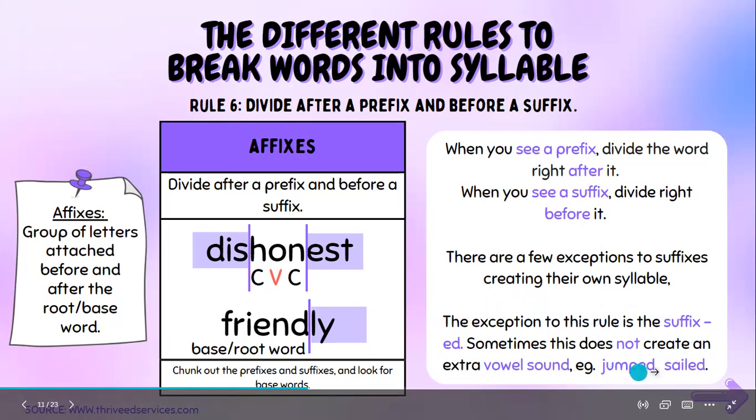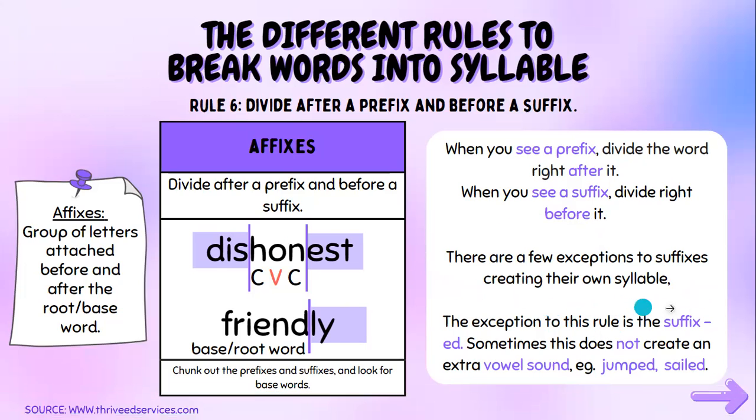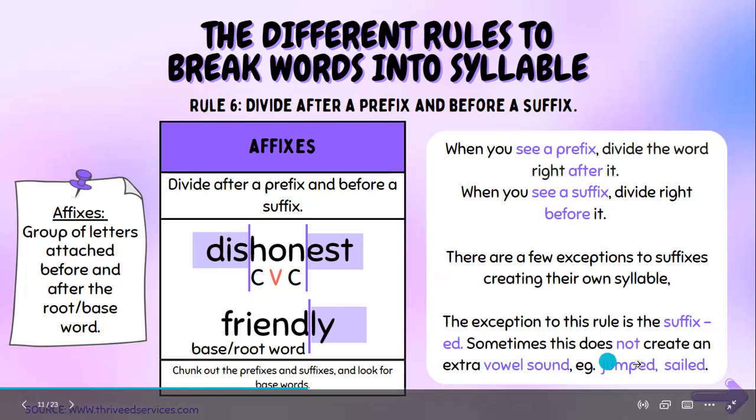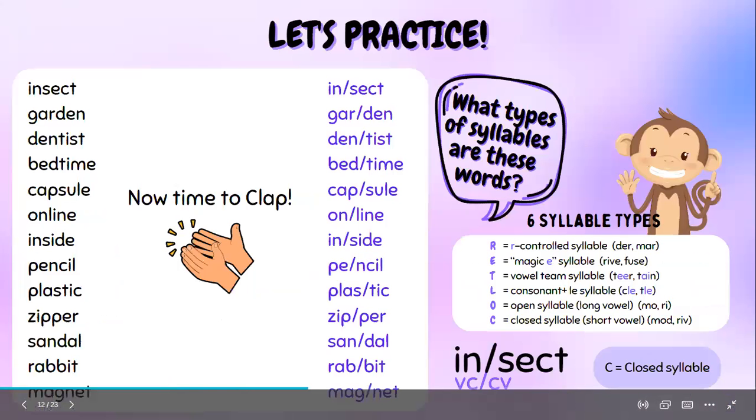For example, in jumped, if we clap jumped, then we only clap once, and there's only one vowel sound. So the suffix ed sometimes does not create an extra syllable. So jumped is only one syllable, and sailed is also one syllable, and we don't split between the suffix and the root word.